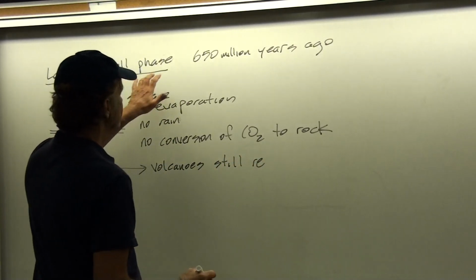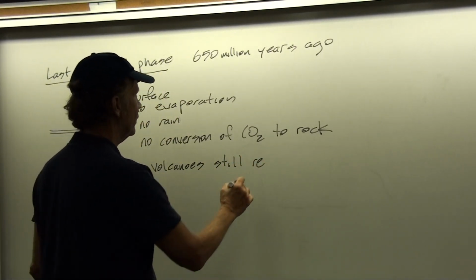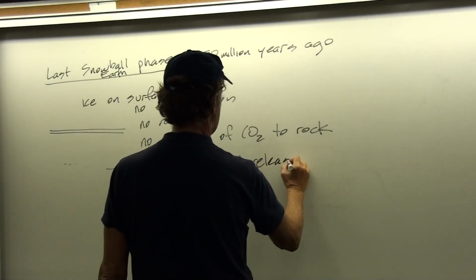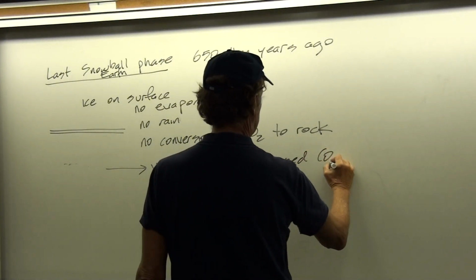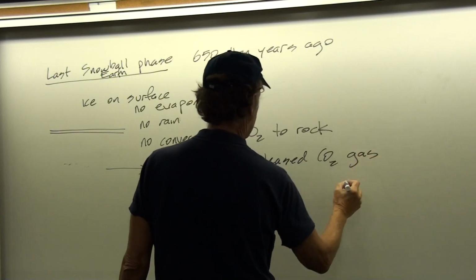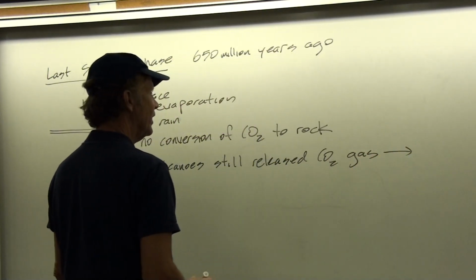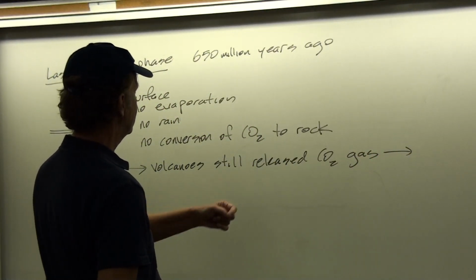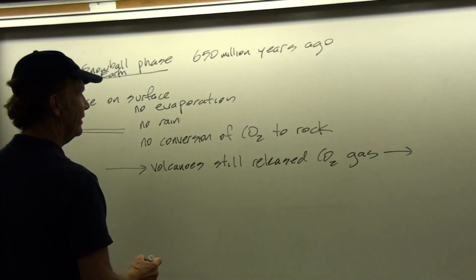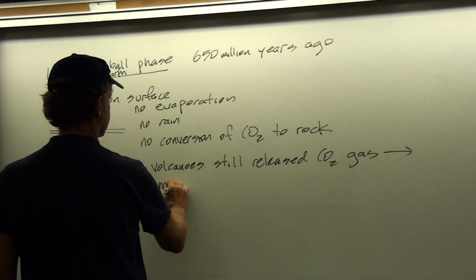This is just on the surface that it's frozen. The interior is still very warm. And so it actually produced way more CO2 gas than the Earth's atmosphere would normally have. And this melted the ice.